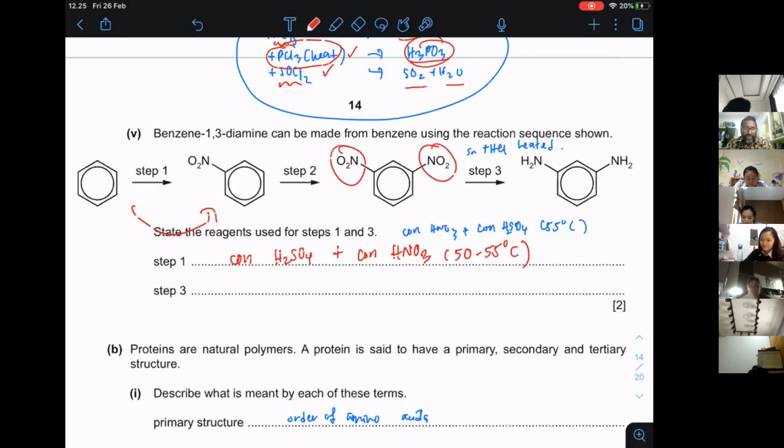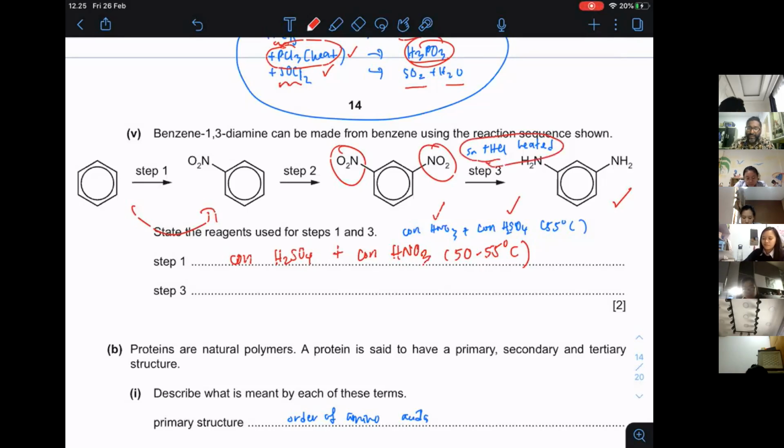And then I'm going to get this. How do I get phenylamine from nitrobenzene? Concentrated nitric acid and sulfuric acid is for nitration, so this one you need to reduce.